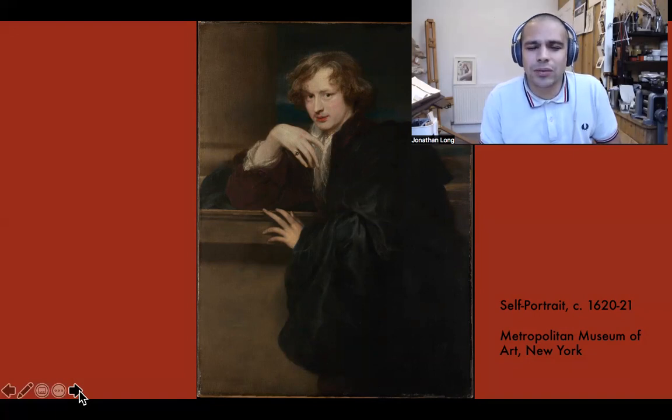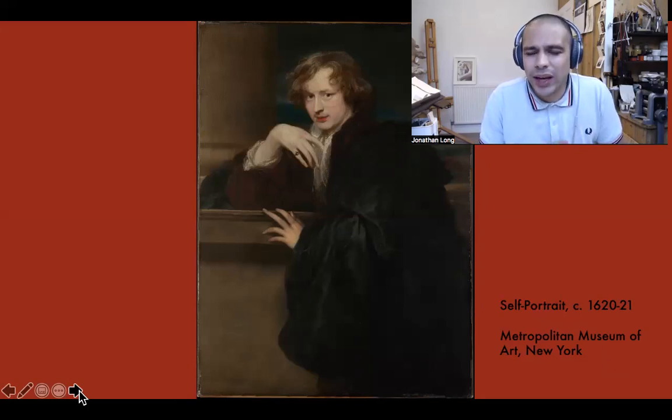He is dressed like someone of the burgher class, but with some aristocratic flair in his poise, in his engagement with the viewer. It's very personable. It's almost like he's looking in the mirror or looking at someone he knows.